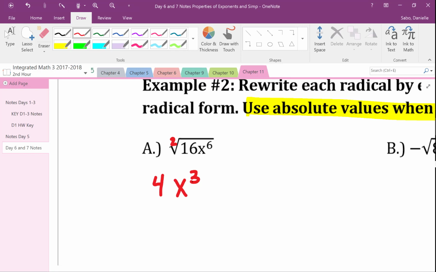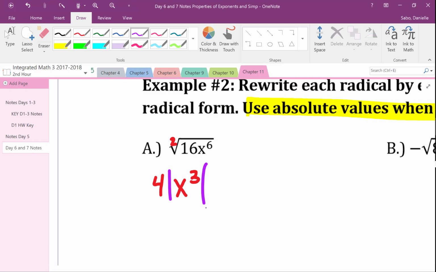How many times does 2 go into 6? 3. That's where I got 3 from. We don't have any left over because they were all taken. Now, I started with an even index and I ended with an odd power. What must I have? Absolute value signs. That's a situation that you'd have to worry about.